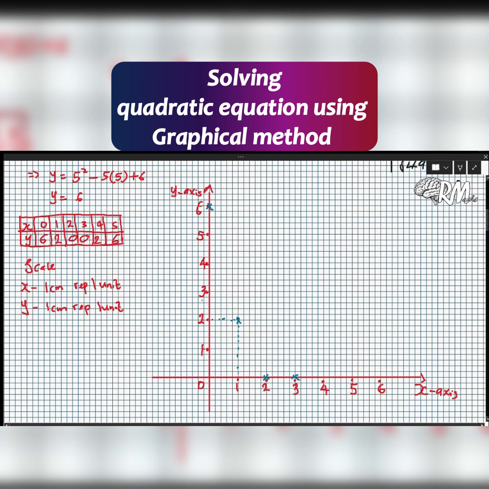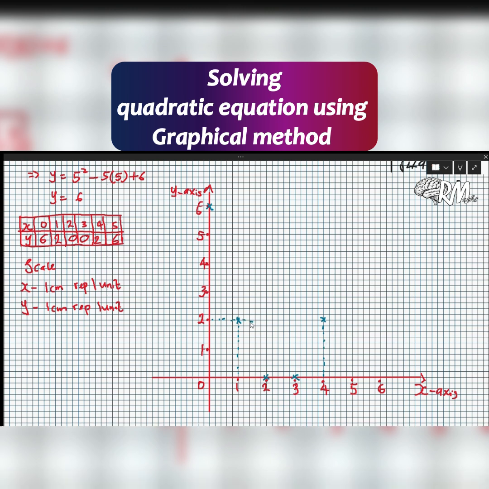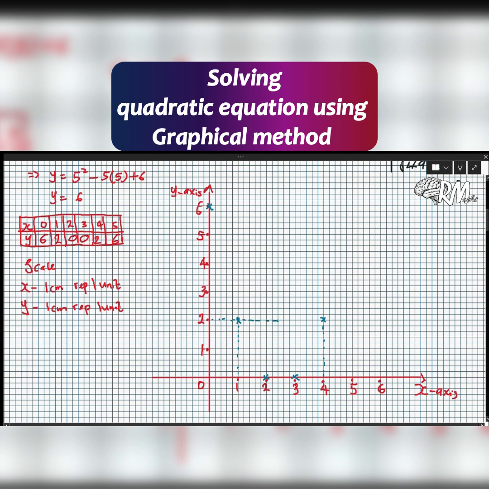The next one, when x is 4, y is 2. Now x is 4 to be here and y is 2 to be here. So this is where the both of them meet. Let me just draw it so that you can see how it goes. Then the fifth one, when x is 5, y is 6.